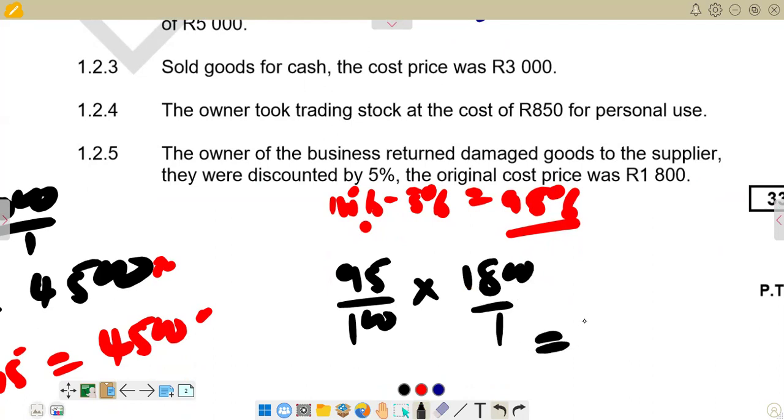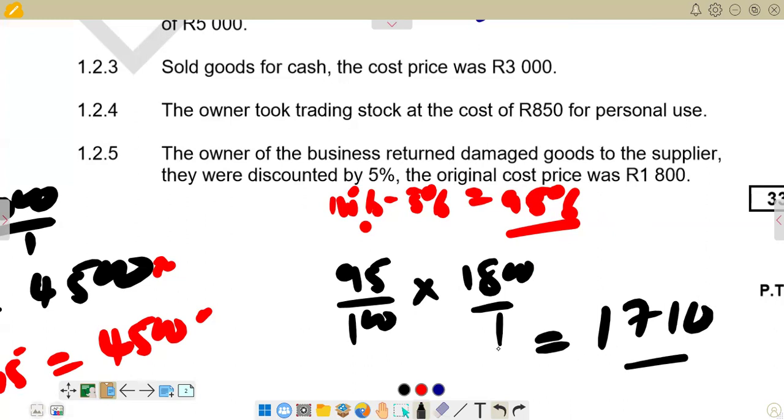So we calculate it as such, and you're going to get 1,710. So this is the figure that we have, 1,710. You'd see that this was the amount after discount, and the discount was already reduced. So we are only going to take our 1,710.